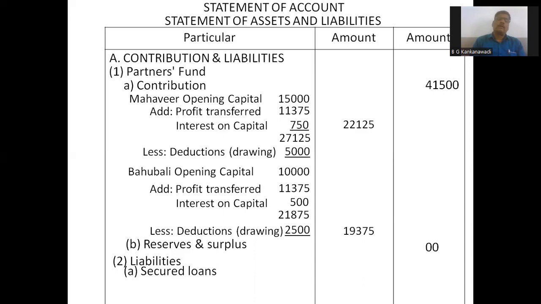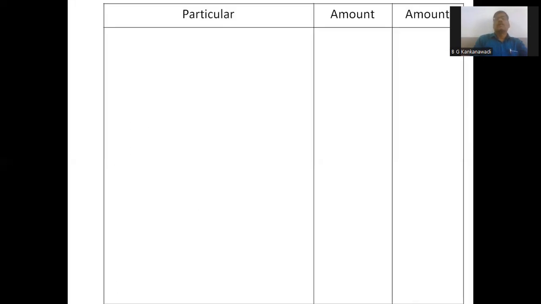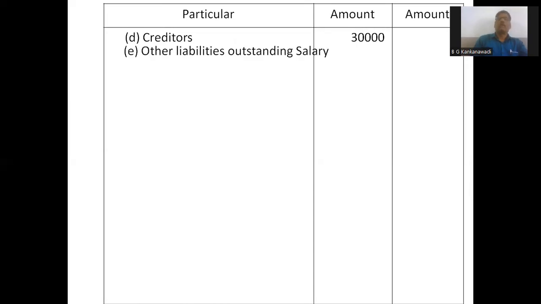Under the liability, first is secured loan, second is unsecured loan, third is short-term loan, and fourth is creditor. Creditor in the problem is 30,000. And bills payable is not given in the problem. So this goes to the outer column.